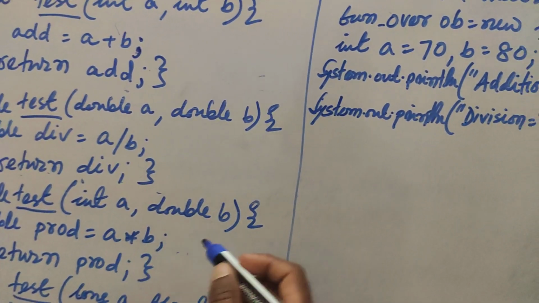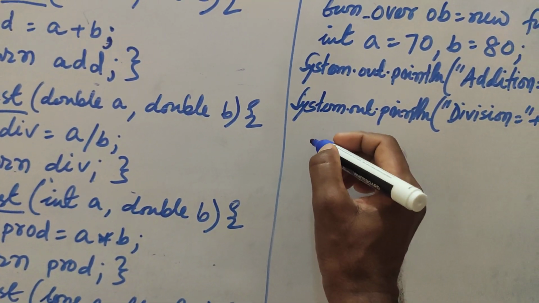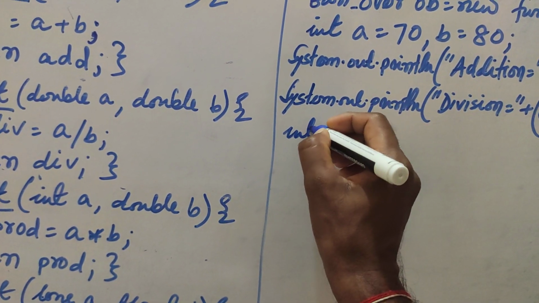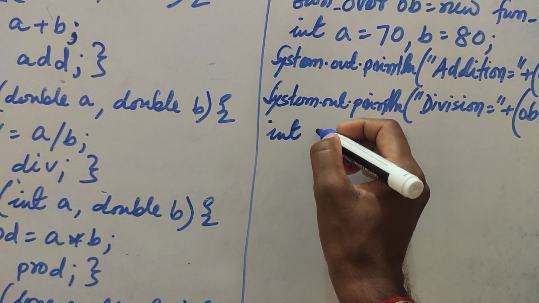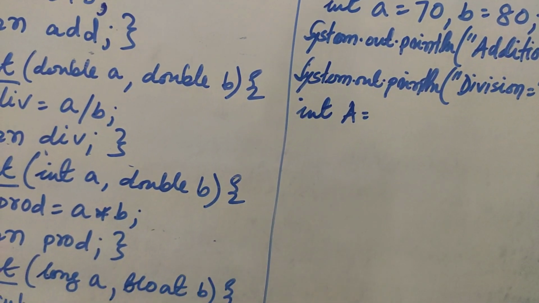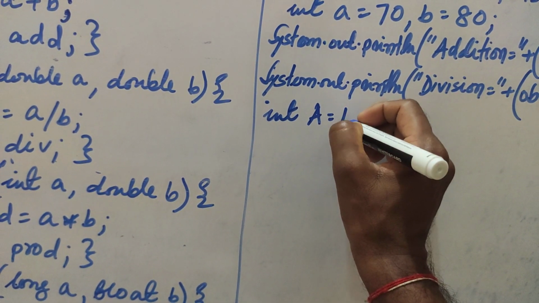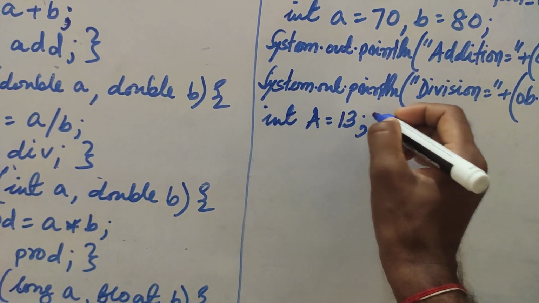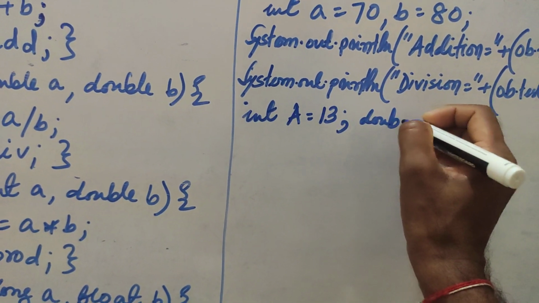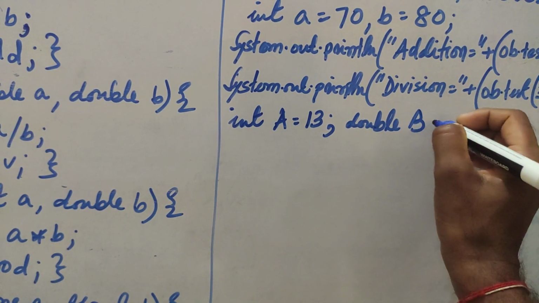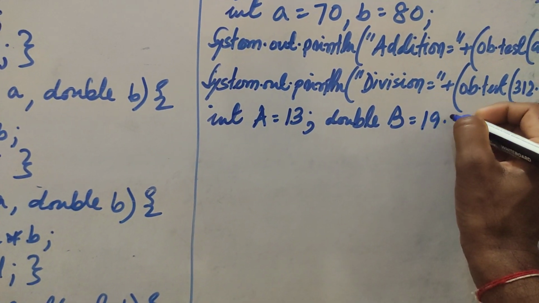Now this one, if I want to write it this way again, int a equal to, suppose, 13, double b equal to 19.3.